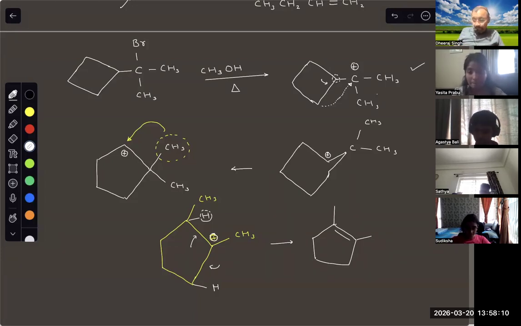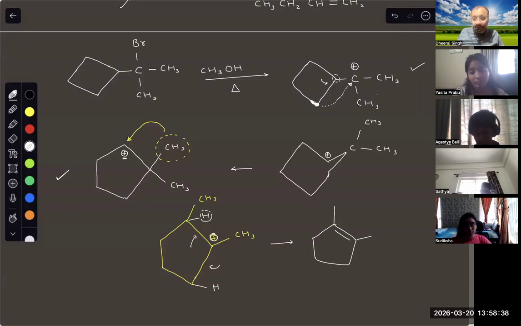Then this compound, to gain stability, ring expansion, whenever there is a chance, it will happen. A 4-member ring is very strained. So there's an alkyl shift, a ring expansion that happens. So from here, this will get formed, and the positive charge comes here. Is it clear till here?